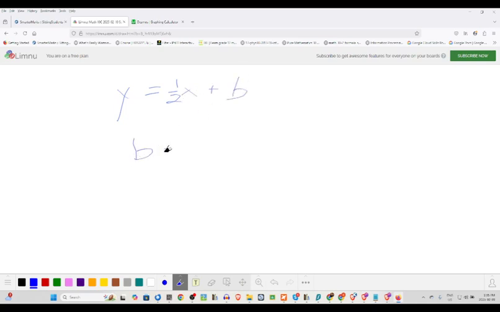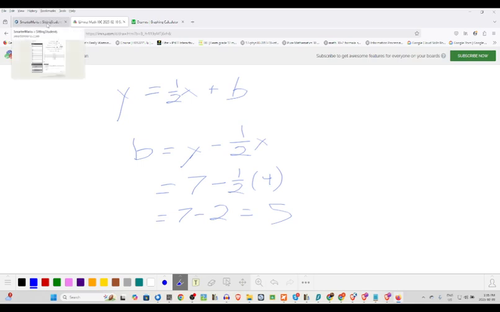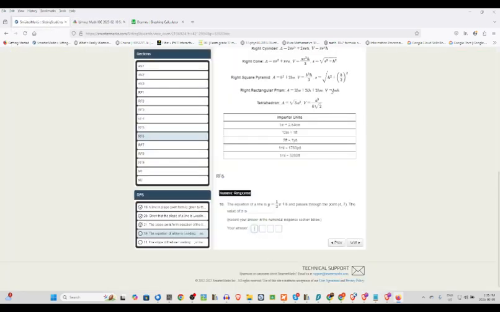That means b will be y minus 1/2 x. And it goes to the point 4, 7. So we substitute our 4 and our 7. And 7 minus 2 is 5. So our b has to be 5.